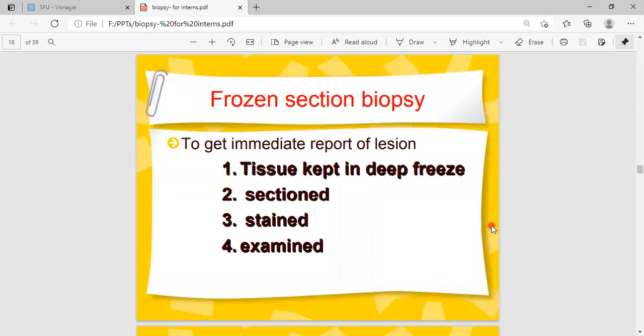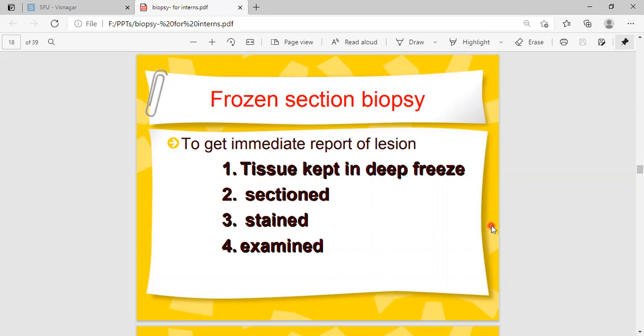And frozen section is needed when you are close to vital structures, because if you are not getting the marginal clearance for the pathology, then you need to remove that vital structure also. So if you are finding a clear, non-pathological area, then you can leave that vital structure.